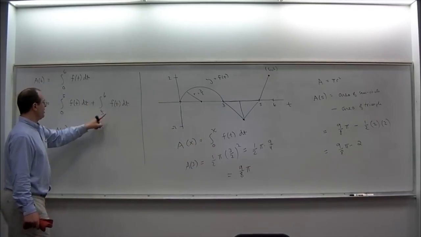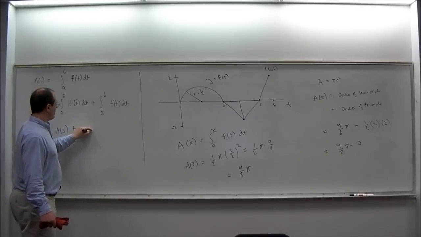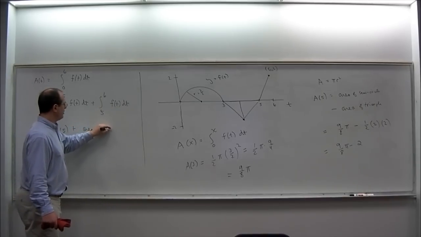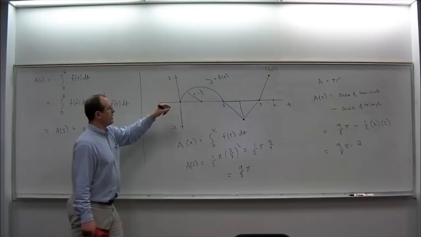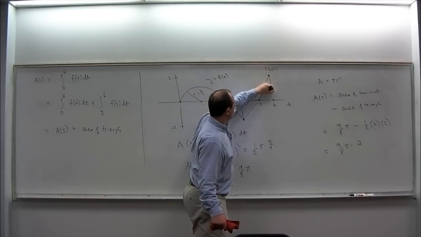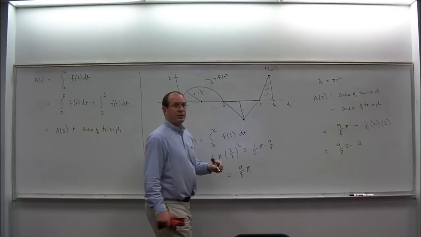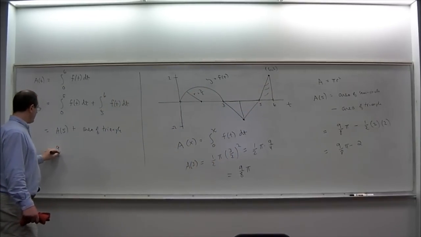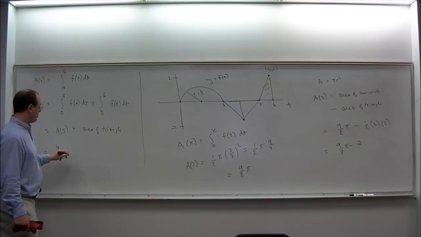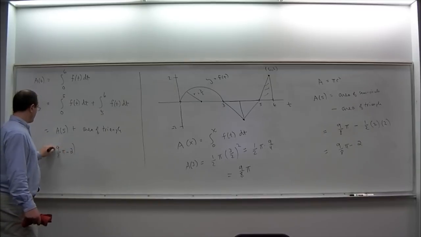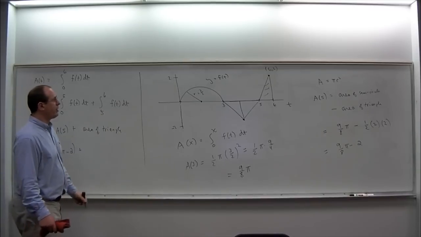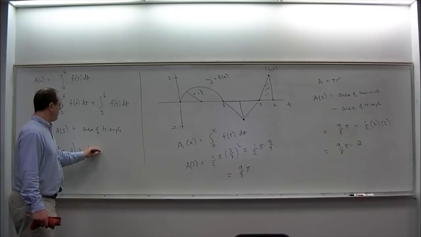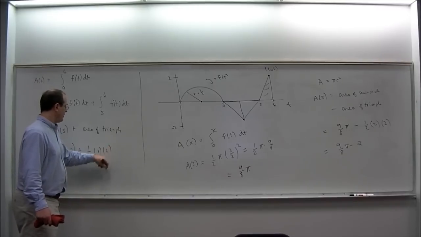And then plus, this one represents the area of a triangle. In this picture, from 5 to 6, we have this triangle. So A of 5 was 9/8 pi minus 2. And then plus the area of that triangle is half the base times the height.